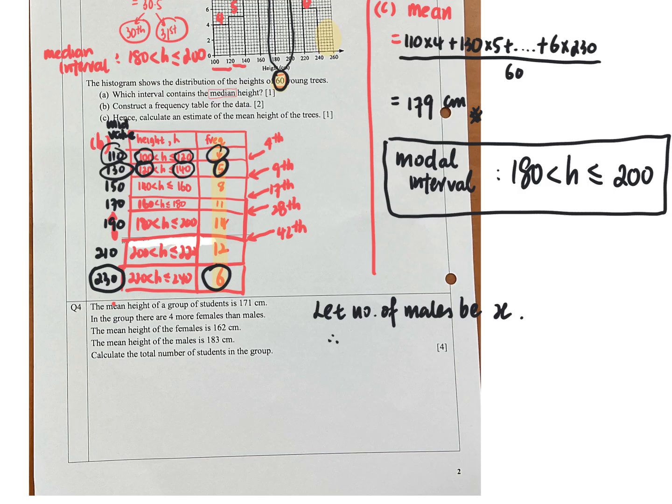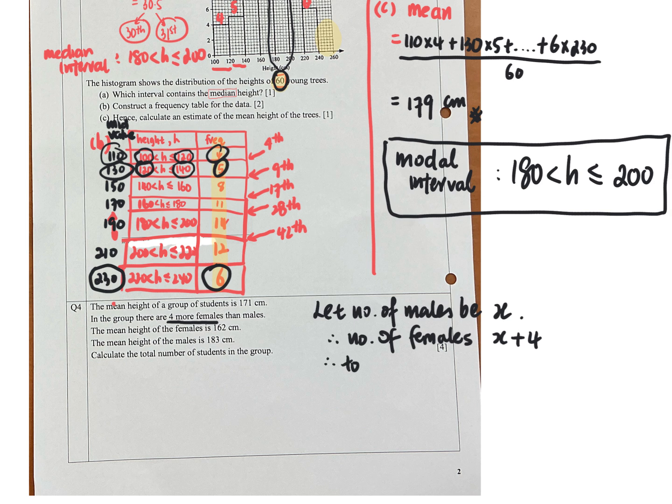So therefore, number of females, don't let it be another letter. They say 4 more, you add 4 more. So just X plus 4. Don't go and let it be Y. That is so confusing. Okay? So because you let male be X, then number of females is X plus 4.